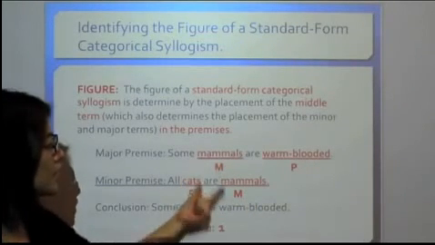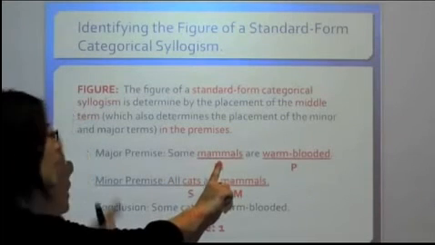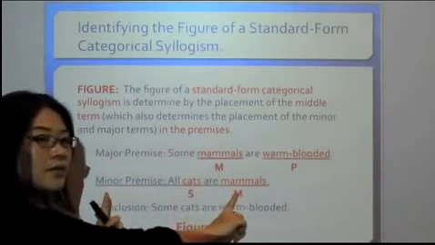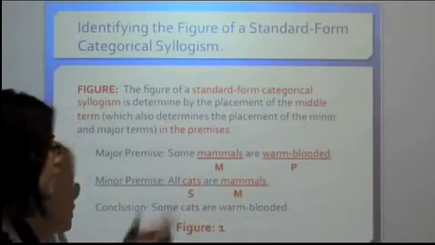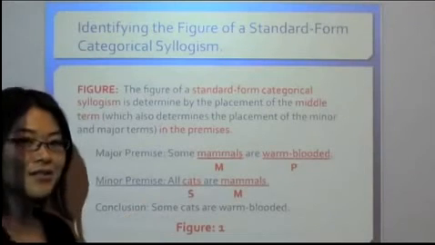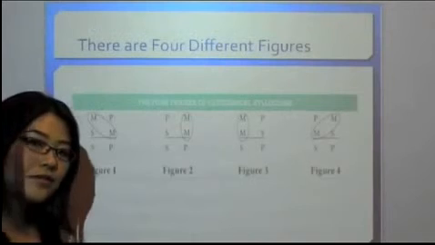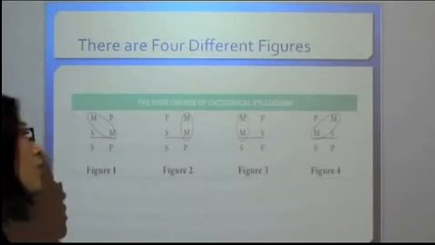Okay, so this actually tells us, because the middle term occurs in the first position as the major premise and the second position as the minor premise, that this is a figure 1. Okay, how do we know that this is a figure 1? Well, there is a nifty little chart, okay, that tells us that that's a figure 1.